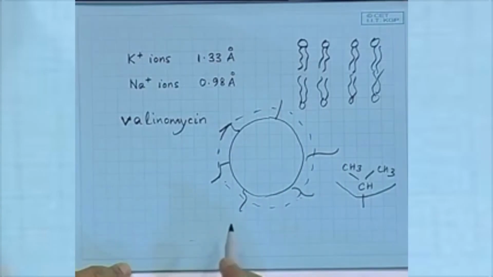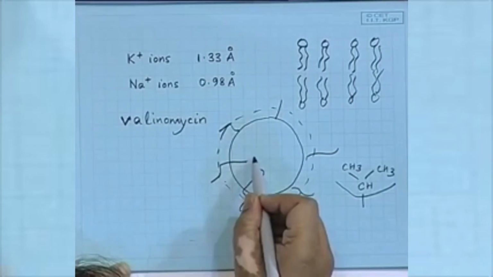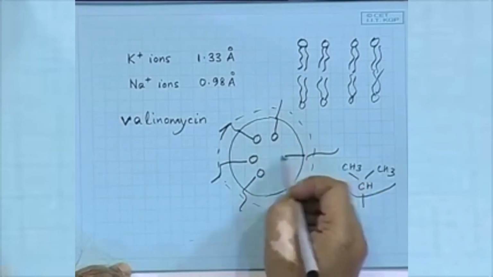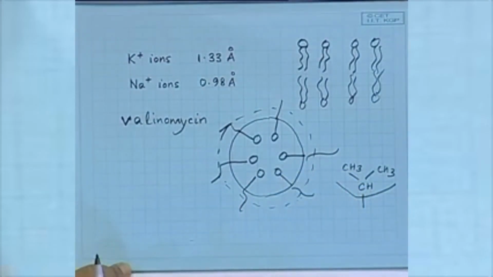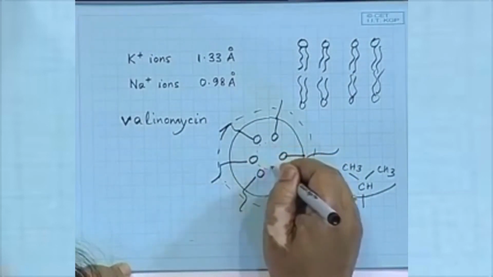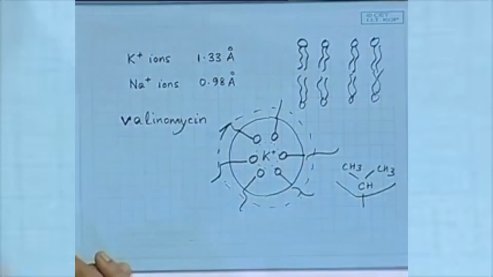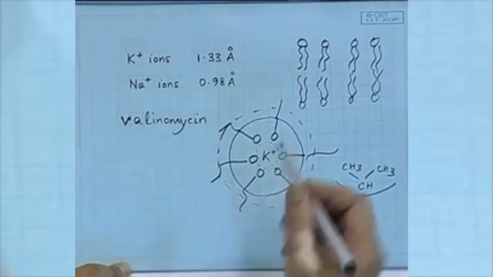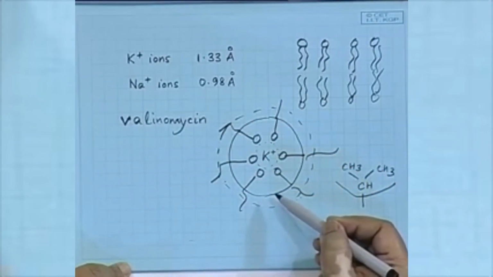Now, this hydrophobic shell in here has 6 oxygen atoms. Now, these 6 oxygen atoms are spaced in such a way that this fits the potassium ion exactly. And because of this hydrophobic surface that you have, what happens?